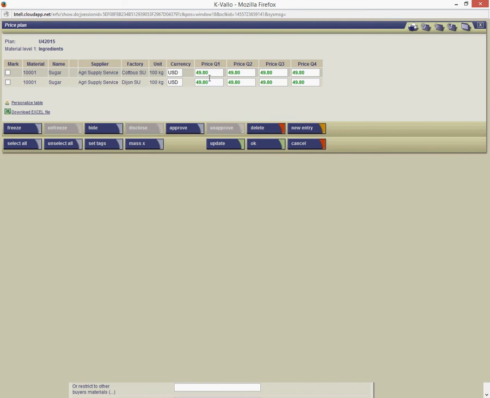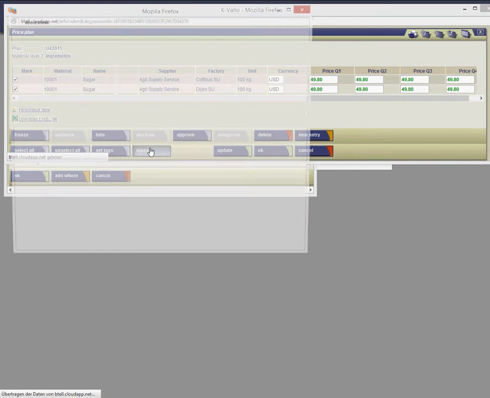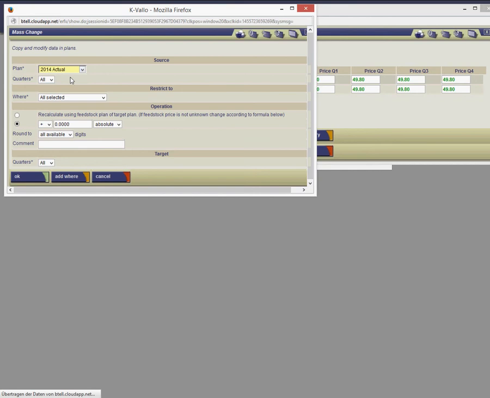We want those prices here to automatically adjust to the commodity in 2015. So what we do here is we mark it, we take the 2014 prices as we started, we select all, and we recalculate using the feedstock plan of the target.